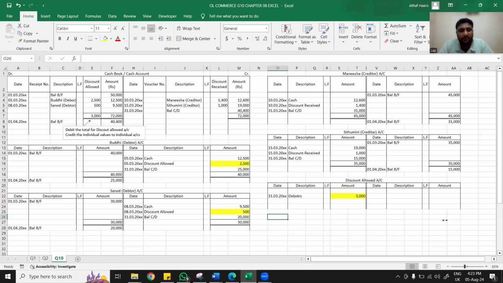So that is done. Here debit, individual accounts credit.